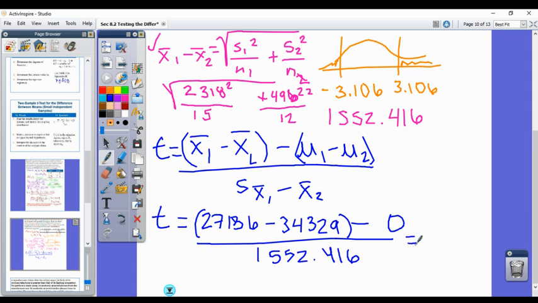And if I plug all that in, I'm going to get negative 4.63.